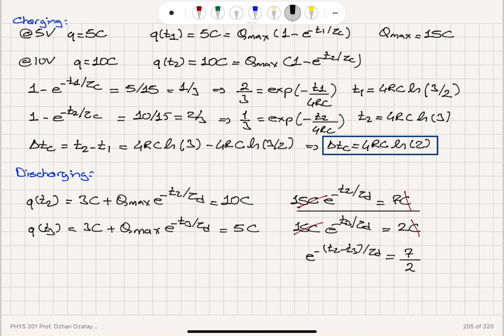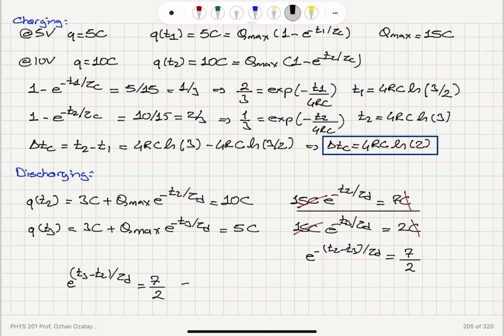This implies e to the T3 minus T2 over tau discharge is equal to 7 over 2, because I've operated this minus sign, it's minus T2 plus T3.